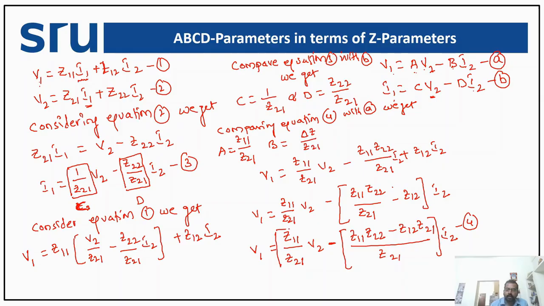So by comparing with equation A, this is A and this will be B.